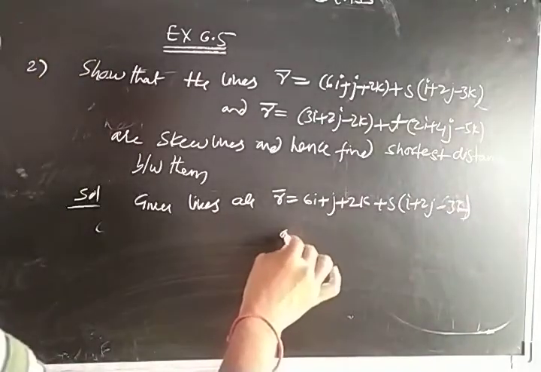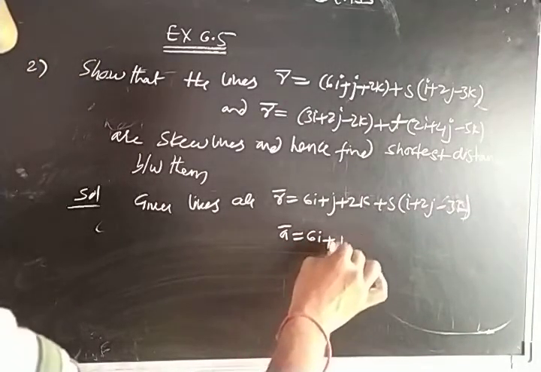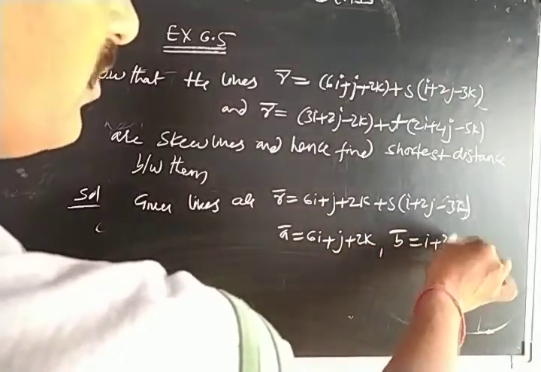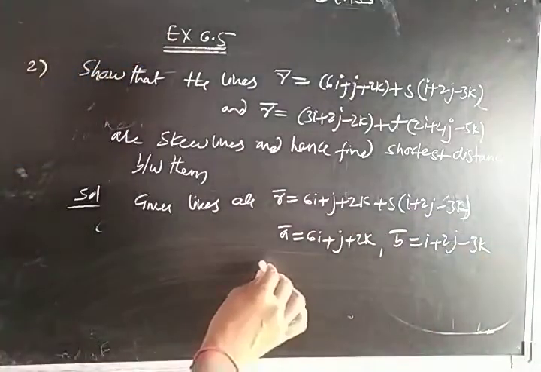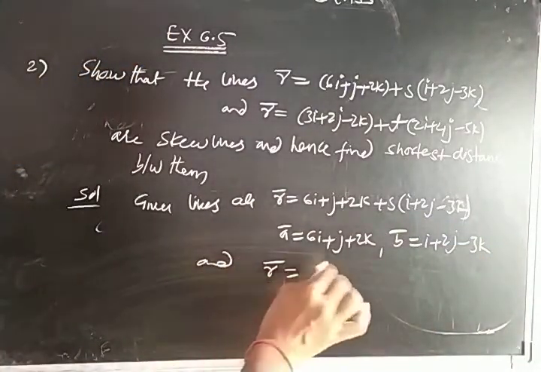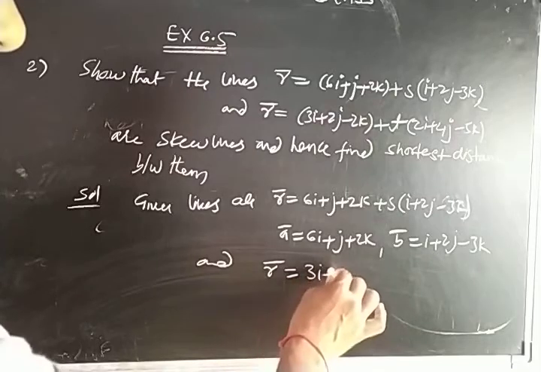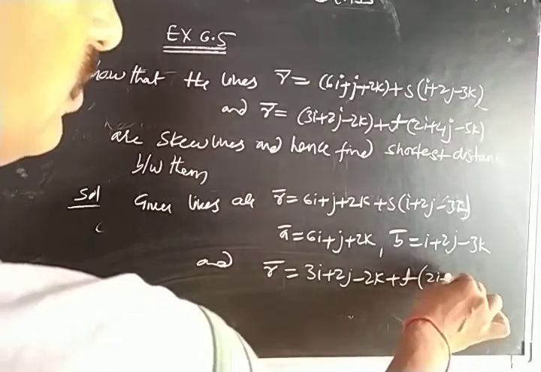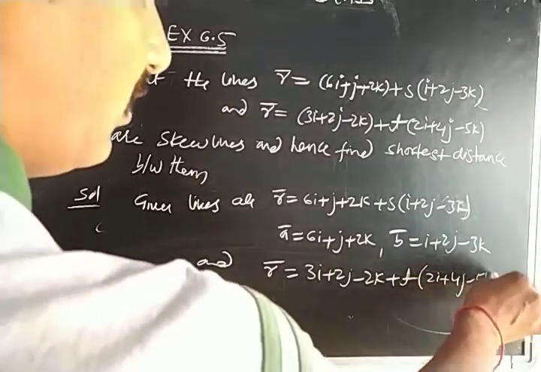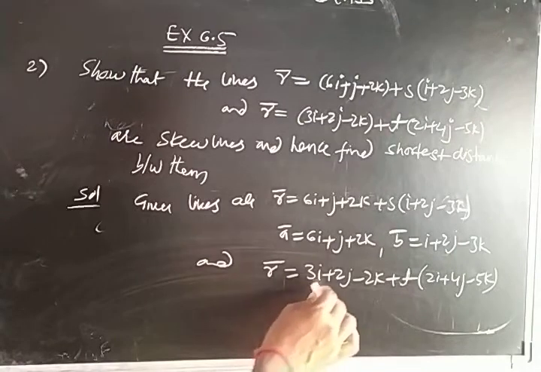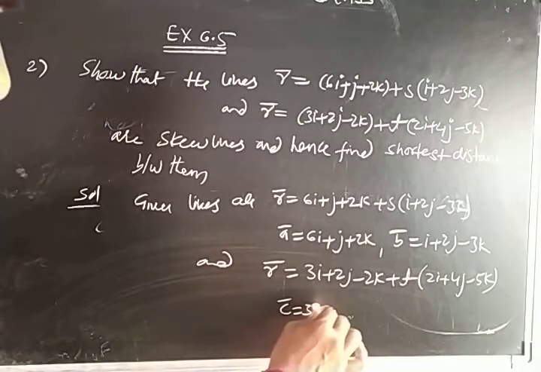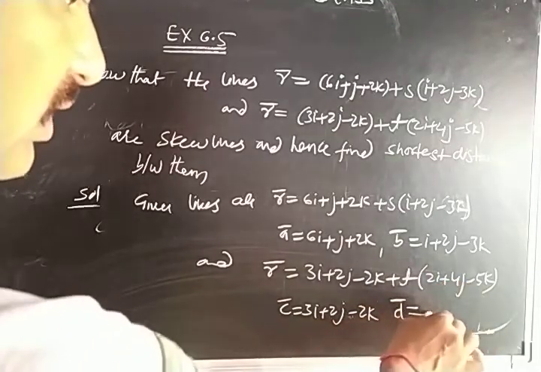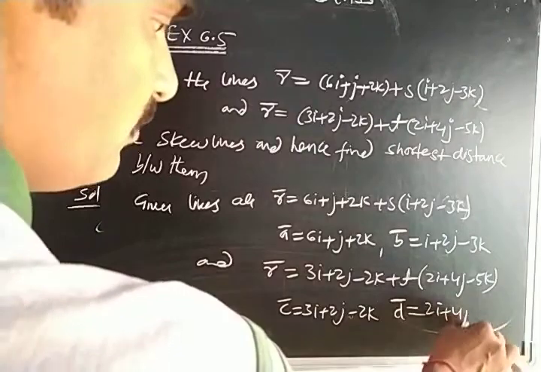So here I am taking a bar equal to 6i plus j plus 2k, b bar equal to i plus 2j minus 3k. Next, the second equation in parametric form, 3i plus 2j minus 2k plus t into 2i plus 4j minus 5k. Here I am taking c bar equal to 3i plus 2j minus 2k, and this vector I am taking as d bar, 2i plus 4j minus 5k.